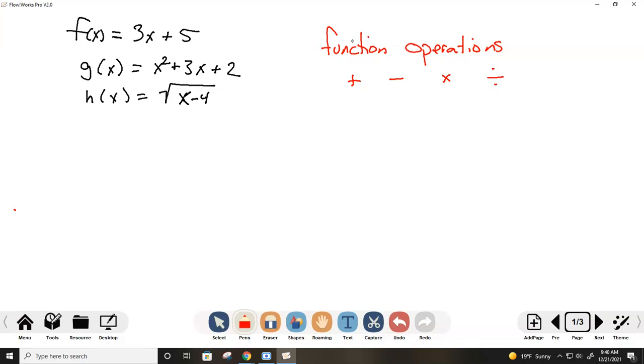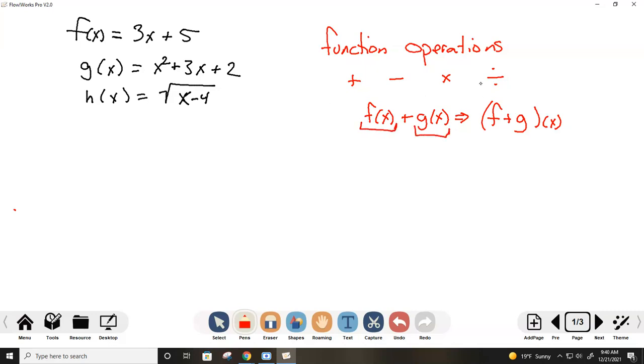When we're doing this, say for addition, if I am taking f of x plus g of x, which I sometimes will write as f plus g of x, you notice I'm going to come back to order of operations.